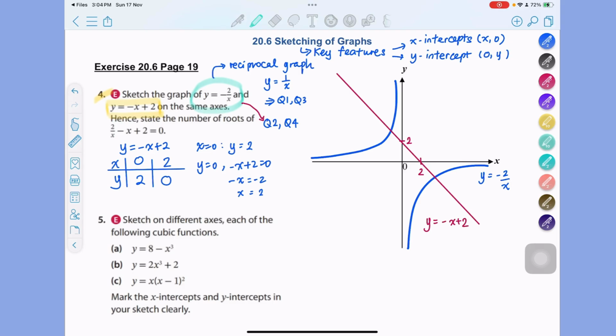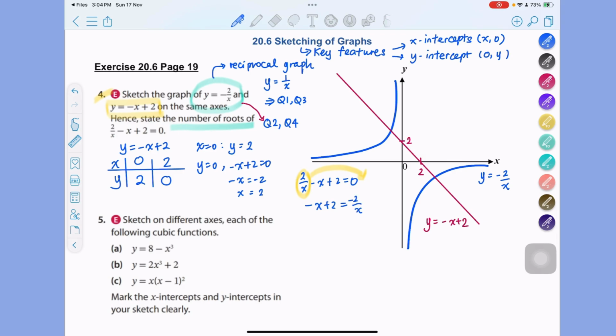They say, hence, state the number of roots whereby 2 over x minus x plus 2. When we look at this question, we need to manipulate the equation. We write out negative 2 over x minus x plus 2 equals 0. To separate these two equations, I bring my 2 over x to the other side. You will notice negative x plus 2 on the left-hand side, and the right-hand side represents negative 2 over x.